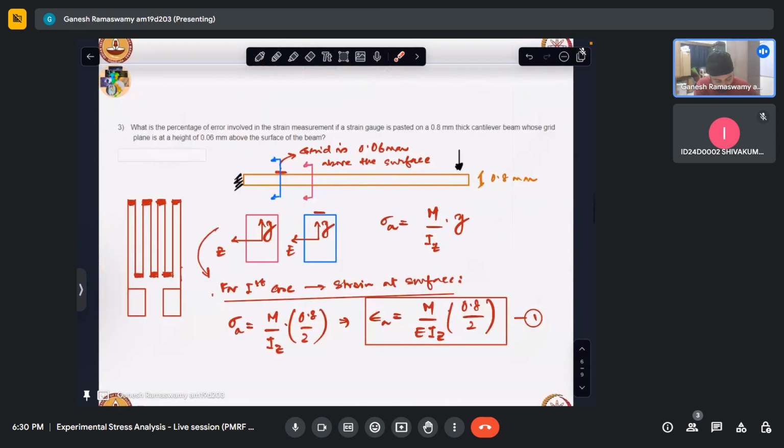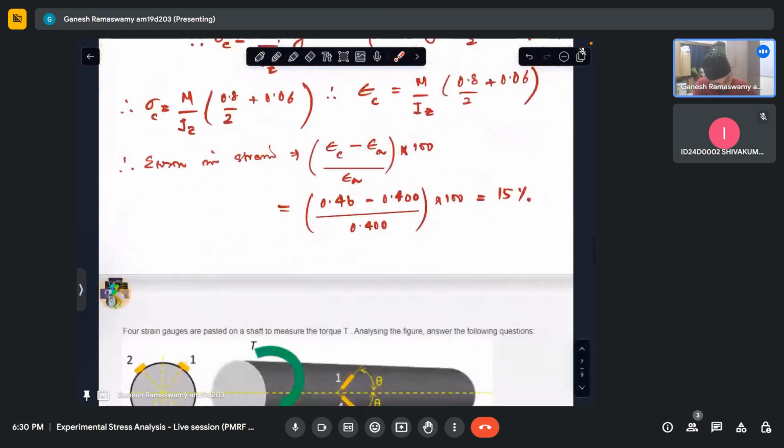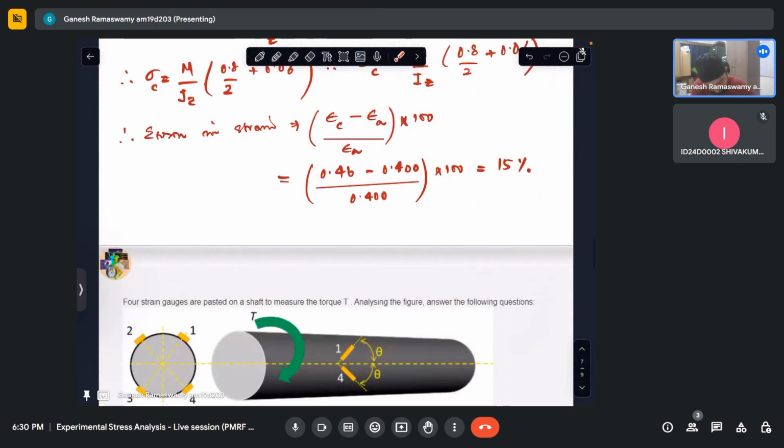But again, those approximations we are not going into, because in fact we have got this by applying the bending flexure formula, which itself is an approximation for a cantilever beam, because it doesn't have a neutral axis as such. So okay, I take it this is clear. So we'll move on to the next question. So this is the error percentage.